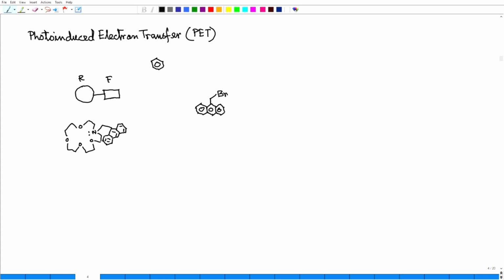This will work on the PET process. Let me describe the PET process now, and the description will be quite easy if you take the frontier orbital diagram. Let me draw it here, then I will explain to you. Here is LUMO, the lowest unoccupied molecular orbital.